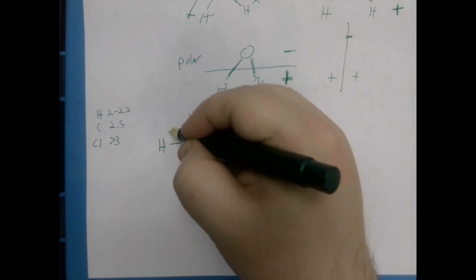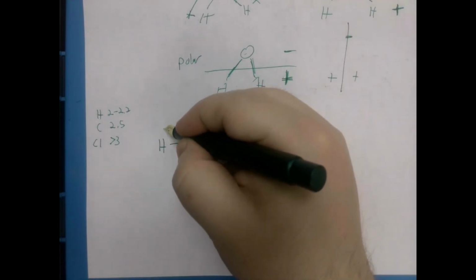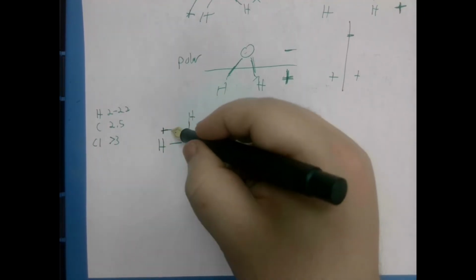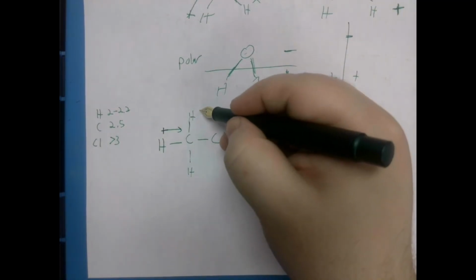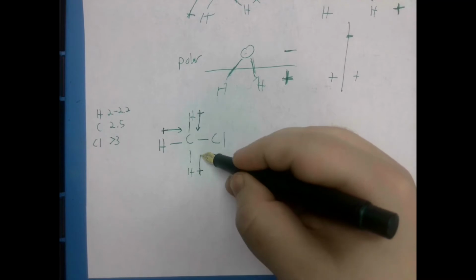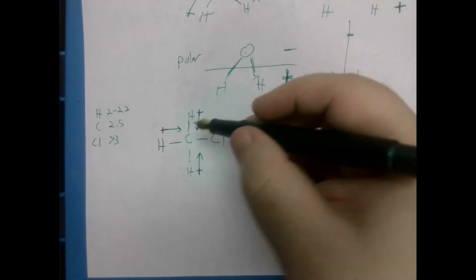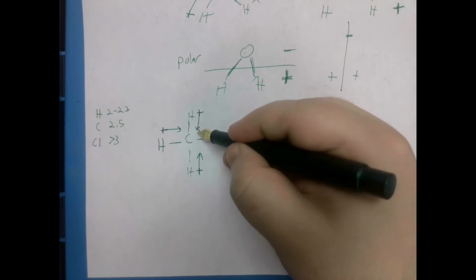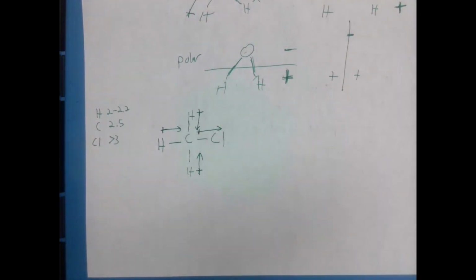Drawing my partial charge direction, I see that this hydrogen is going to be more positive, so the arrow points this way. Likewise, by symmetry, go down. Carbon has less electronegativity than chlorine, so it's going to be more positive than chlorine.